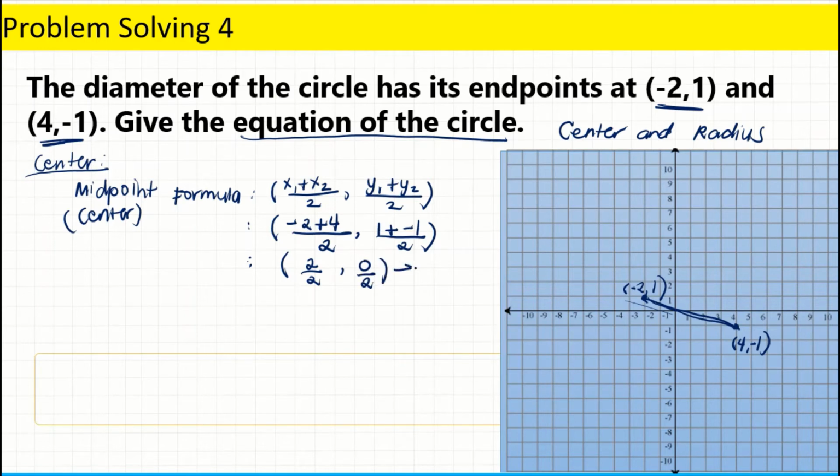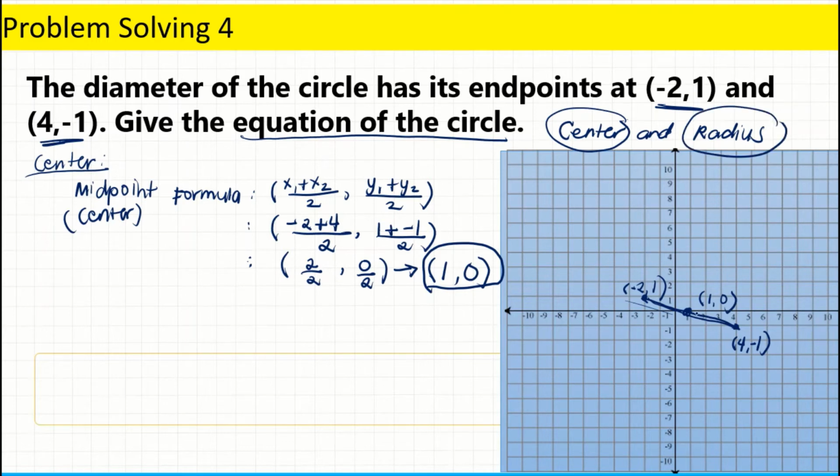And simplifying further to get the center, we have 2 divided by 2, that is 1, and 0 divided by 2, that is 0. Therefore, the center of the circle is at 1, 0. So, nakuha na natin yung center. Kukunin naman natin yung radius.